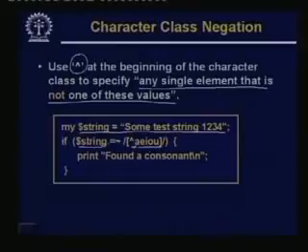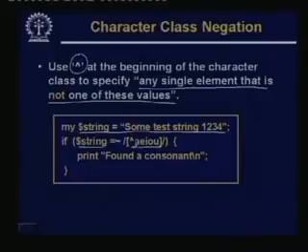This means that the match will return true if none of these symbols appear in the string, or the first symbol you get is none of these, because it always tries to find the first match.